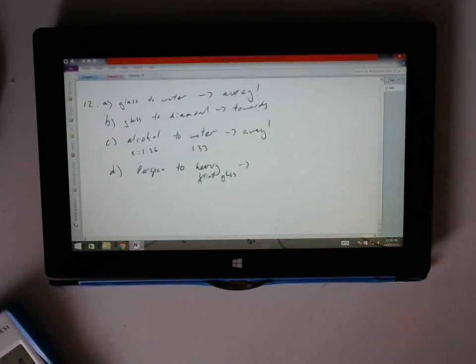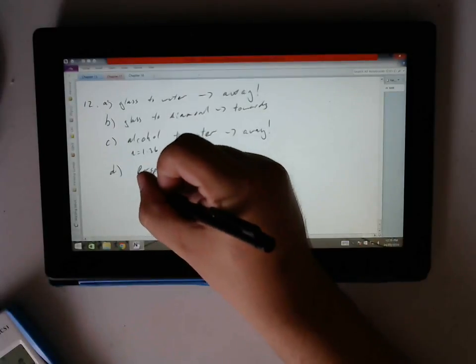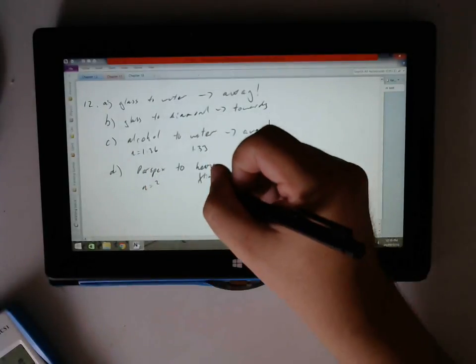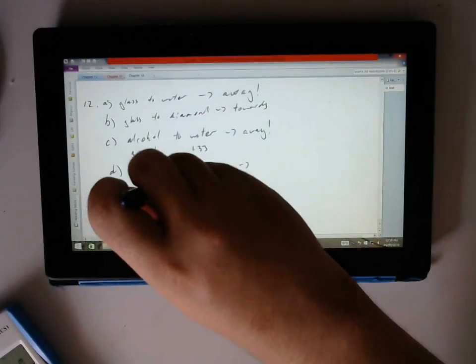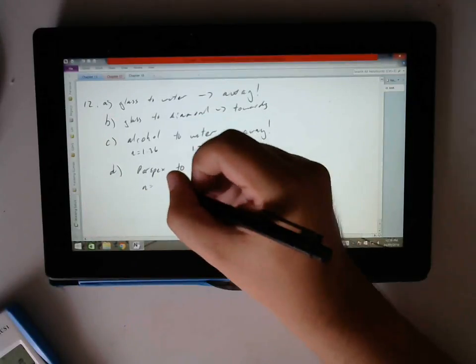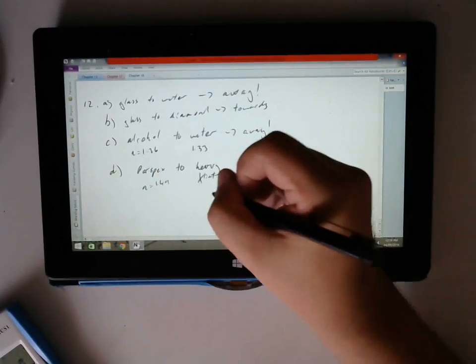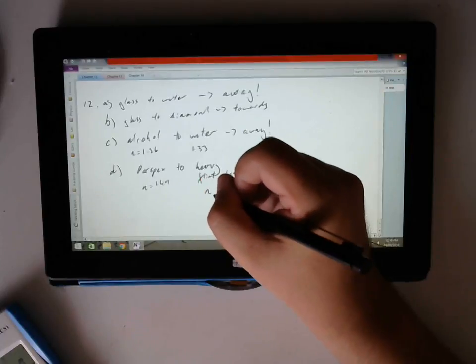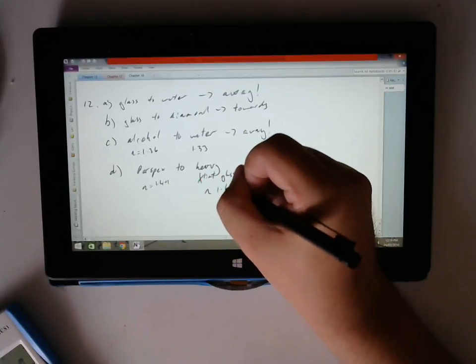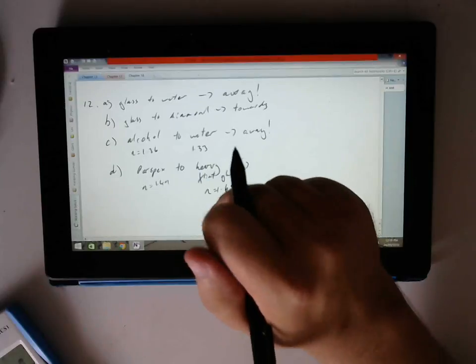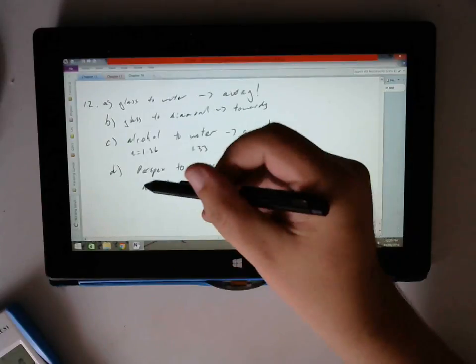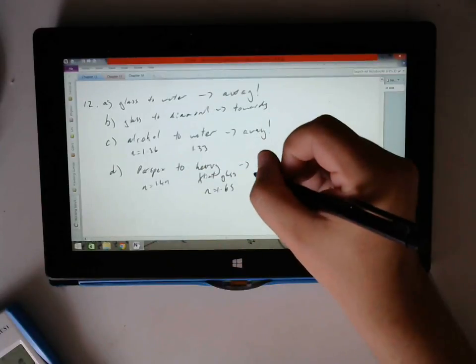Here we go. Perspex has an n of, oh, sorry, not 2, that's the speed of light. Perspex has an n of 1.49 and heavy flint glass has an n of 1.65. So that must mean this is more dense than this, so we're going from less dense to more dense, so we're going towards.